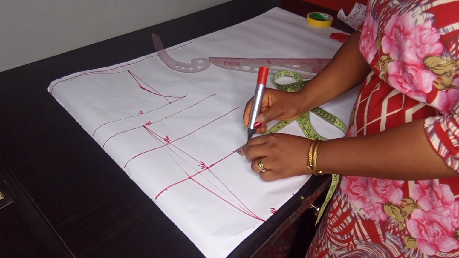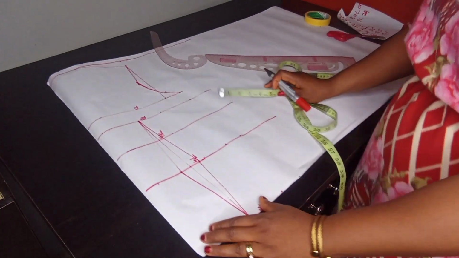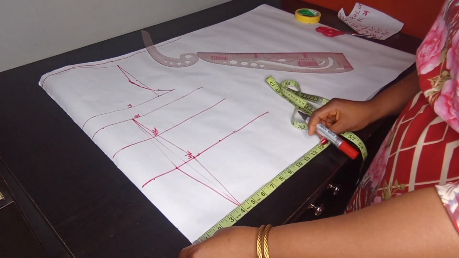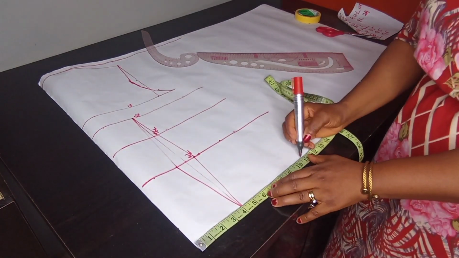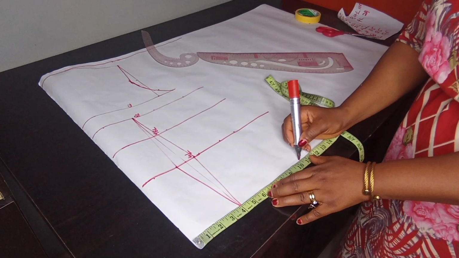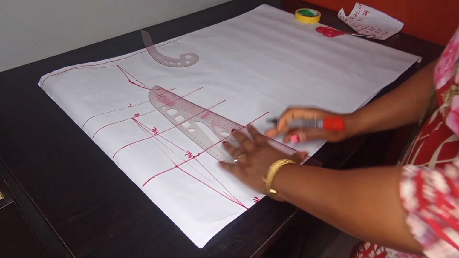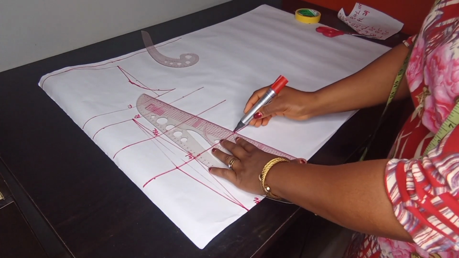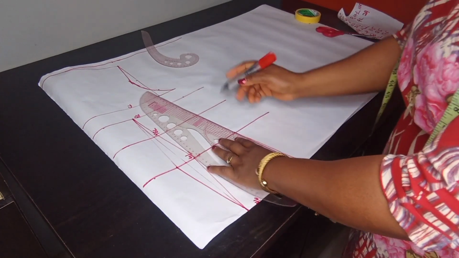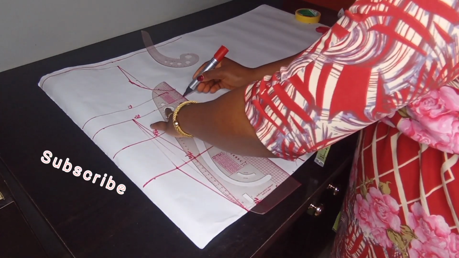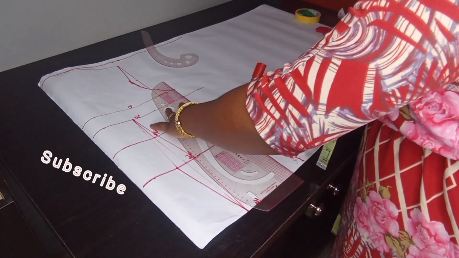So I'll place it back here at this point. And the upper hip measurement is 42 inches divided by 4, that's 10.5. So I'll be connecting my lines like so, to the waistline and then to the bust line.